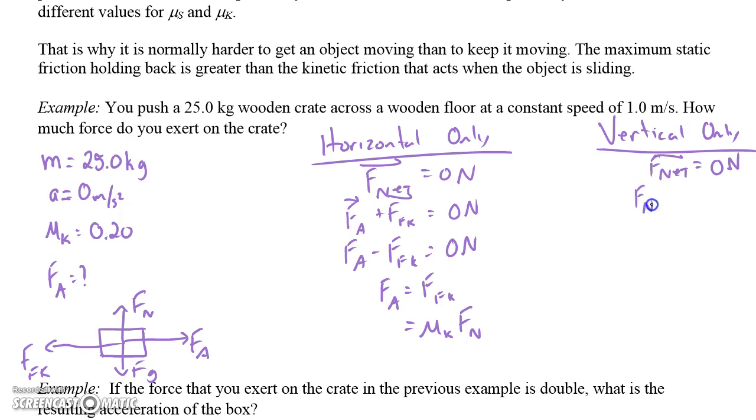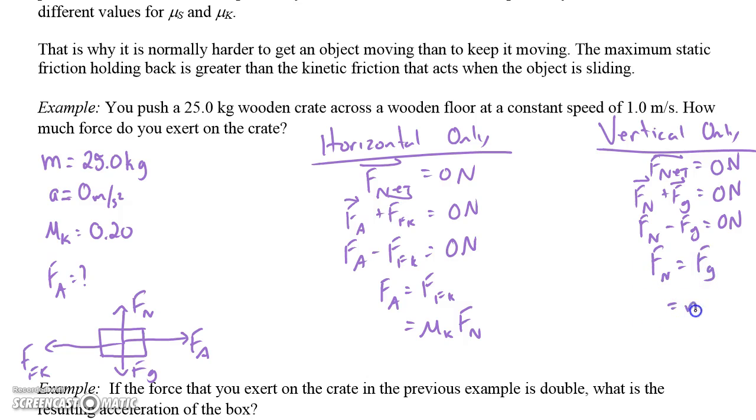And so we get very similar things to start with Fn and Fg this time, because that's our vertical direction. And we're going to get Fn minus Fg is equal to 0 newtons. So Fn is equal to Fg in this situation.